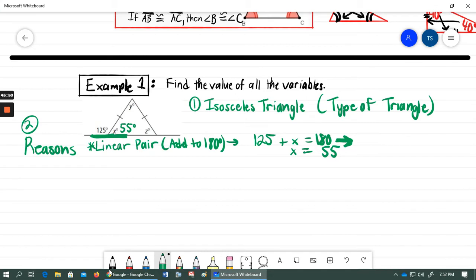The next little reason we've got going on here. Of course, the first reason was the fact that we had that linear pair, those two angles forming a straight line. The next thing, guys, is because we've got those two congruent sides, we can use the base angles theorem.